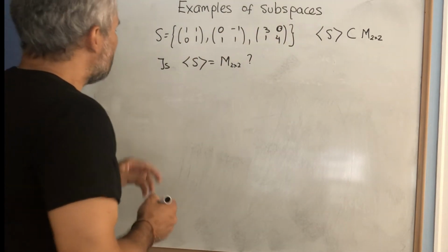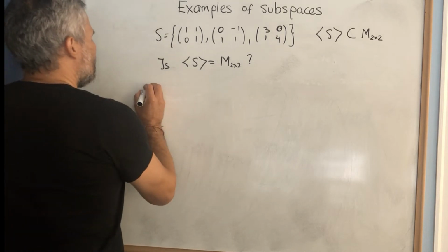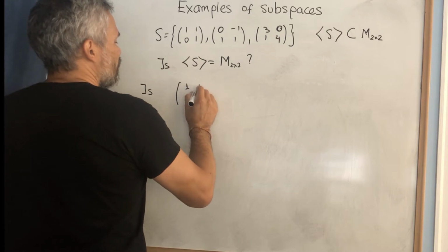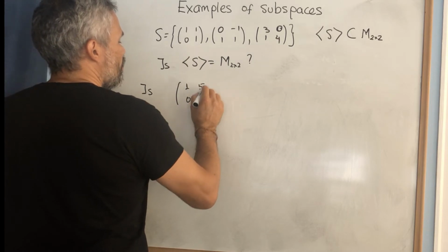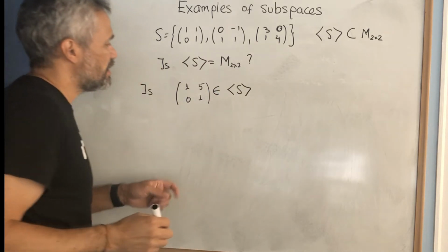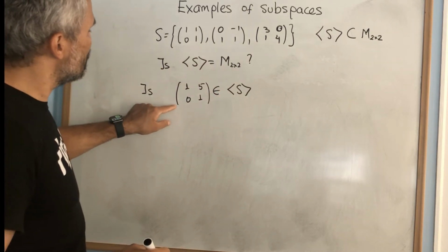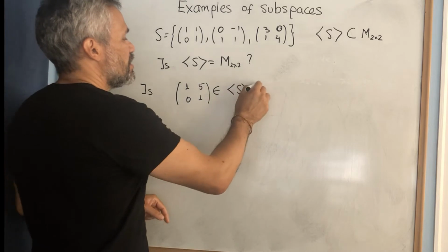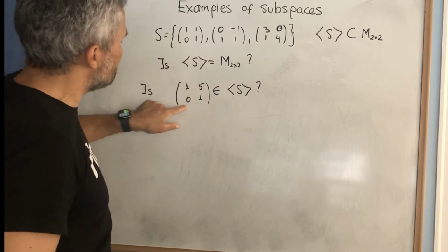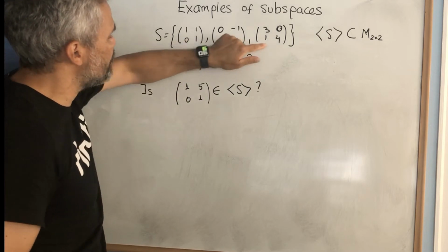Let's start with an easier problem. Is (1, 5; 0, 1) an element in the span of S? In order to solve this question, we need to ask ourselves, can we find weights such that this matrix is a linear combination of these three?